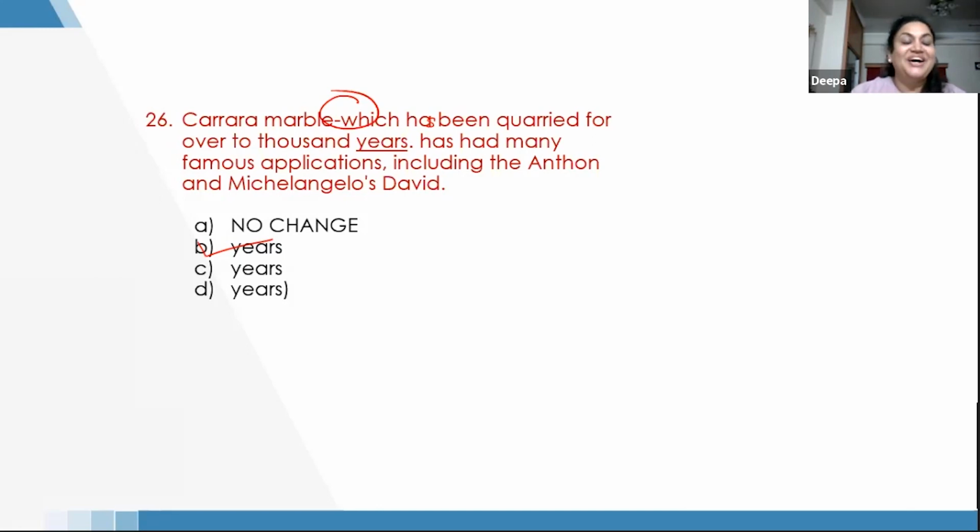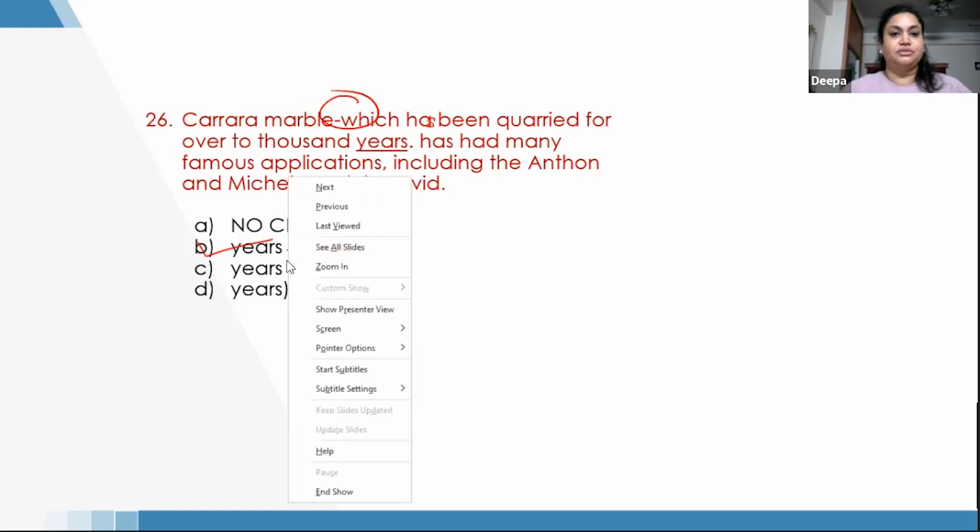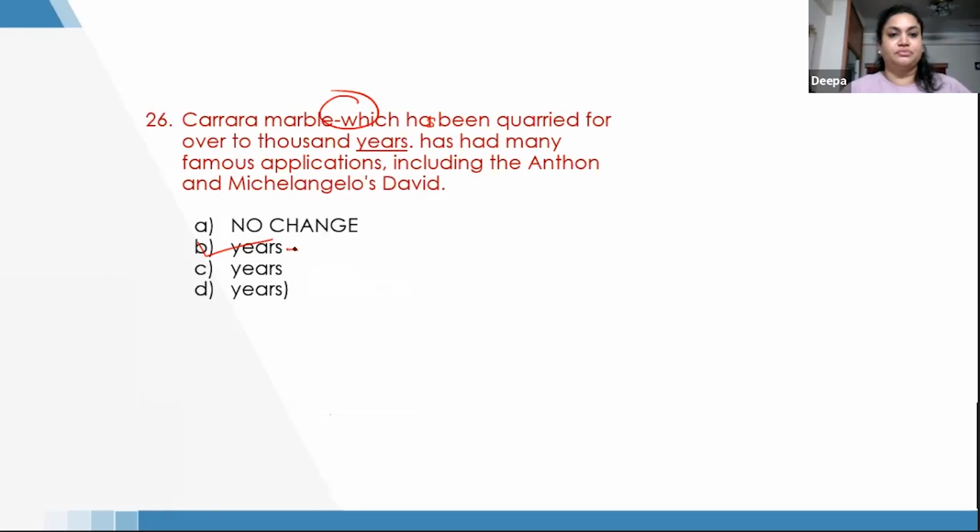Okay, so I think there is some mistake in the question, because generally, if we are starting with a dash, we should have an ending dash. If it is not there, we don't put a dash there at all, because that is a descriptive aside. So there's something wrong, or we have to put a dash here.